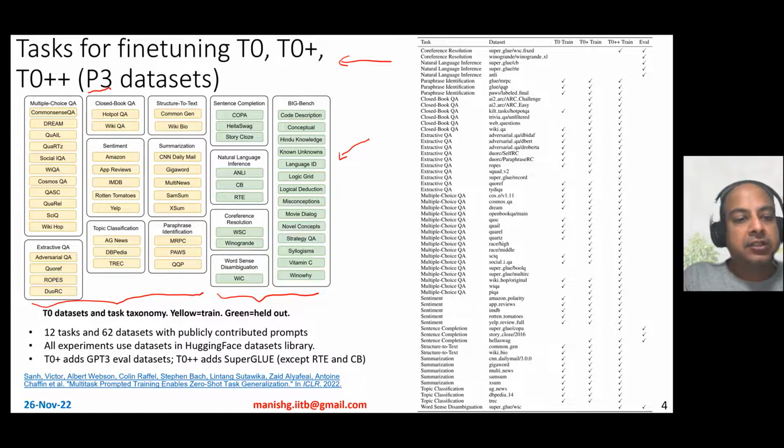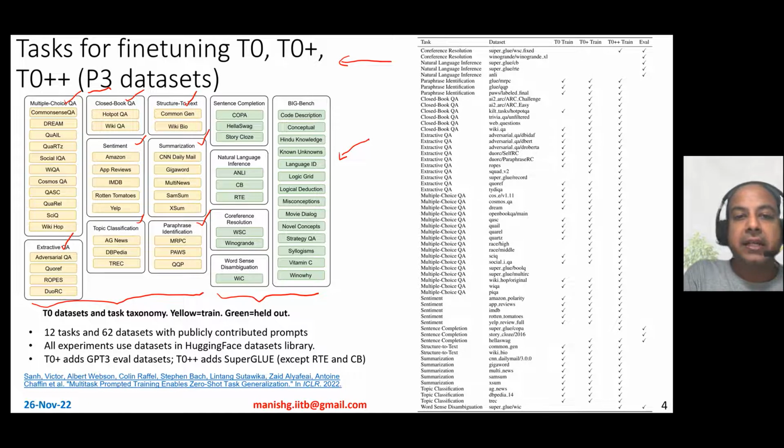For each of those tasks, you see a bunch of data sets from which the overall P3 data set has been collated. There are tasks of different variety, like closed book question answering, multi-choice question answering, extractive question answering, topic classification, paraphrase identification, summarization, sentiment analysis, structure to text tasks, and so on.